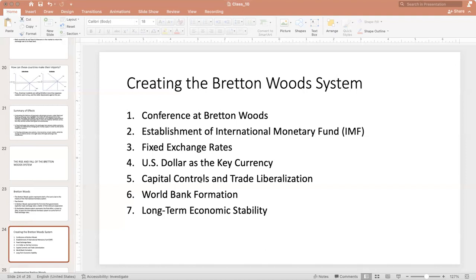Alongside the IMF, the conference led to the creation of the International Bank for Reconstruction and Development, now known as the World Bank. The World Bank aimed to provide financial assistance to post-war reconstruction and development projects.